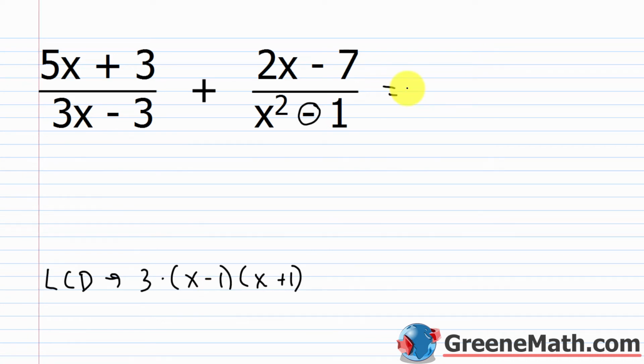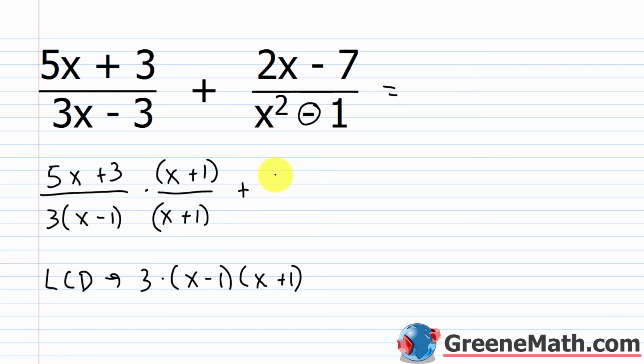So let's go ahead and change each rational expression to an equivalent rational expression where the LCD is its denominator. So I'll have 5x plus 3 over, I'm going to write this as 3 times the quantity x minus 1. And what I'm missing here is this x plus 1, so I'm going to multiply by x plus 1 over x plus 1.